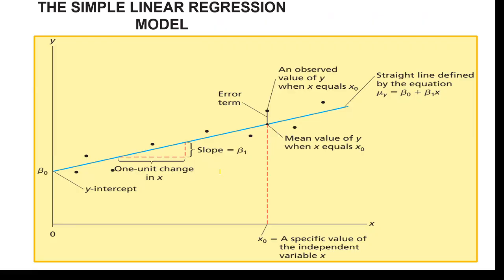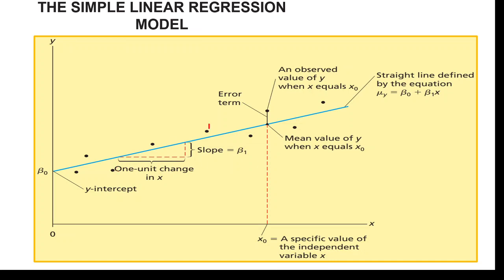Look at this graph. You can clearly identify this side you have the x-axis, and this side you have the y-axis. This is the regression line. Here, this is what we call the intercept, where the line is going to intercept the y-axis. And look at the slope.